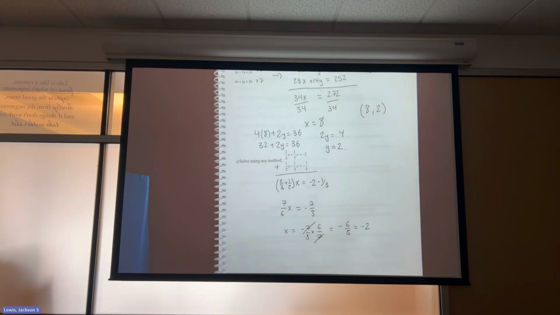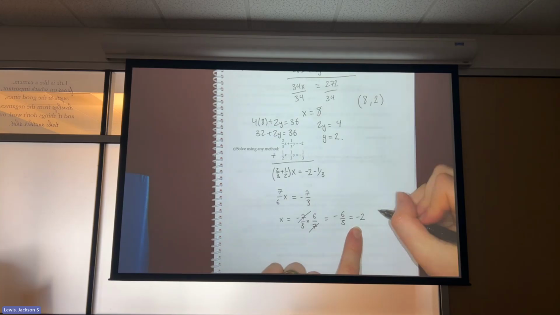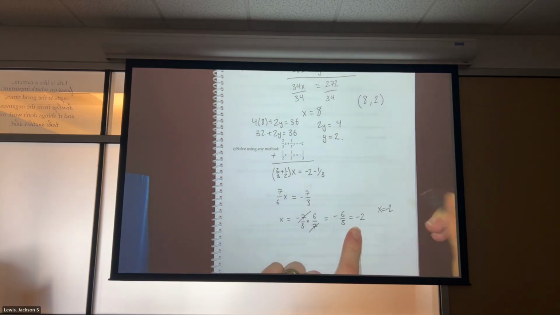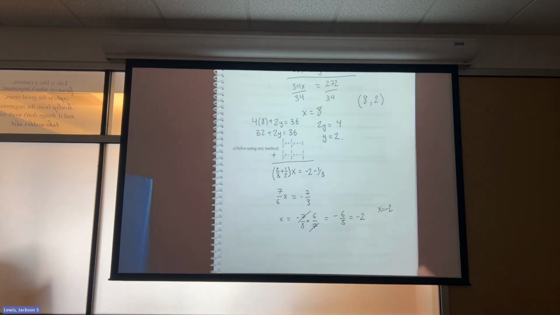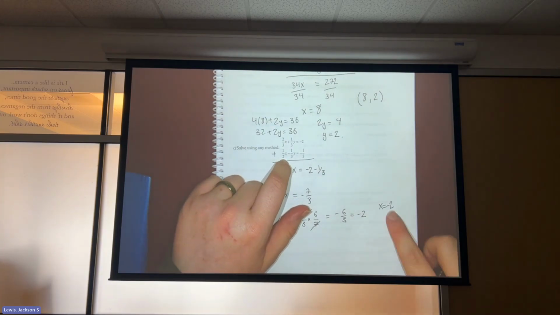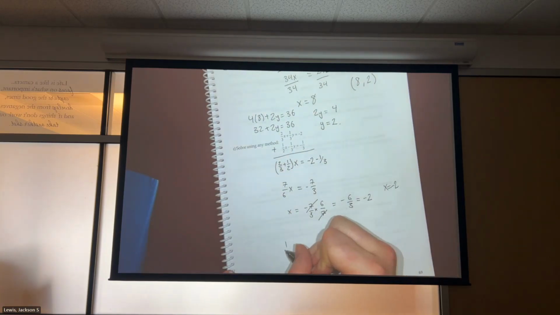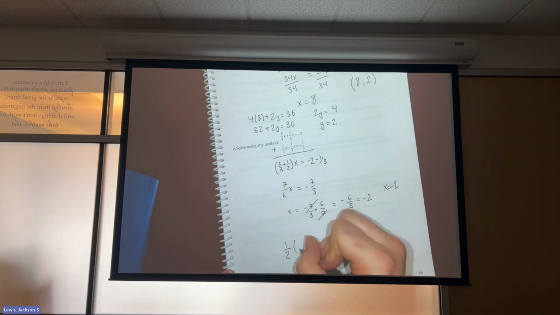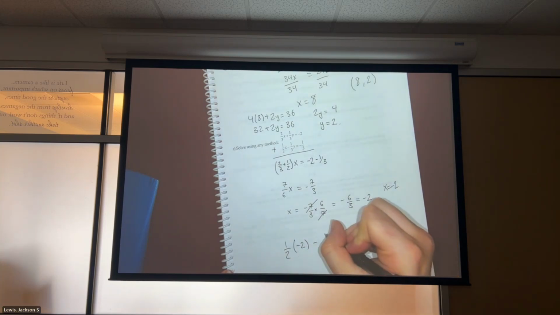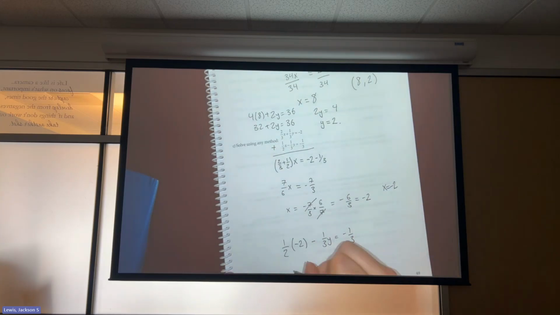So now that I have a value of x, I can plug this into either one of my equations. I'm going to plug this into this one because x is negative 2. Half of negative 2 is negative 1. Not too bad. 1/2 times negative 2 minus 1/3 y equals negative 1/3.